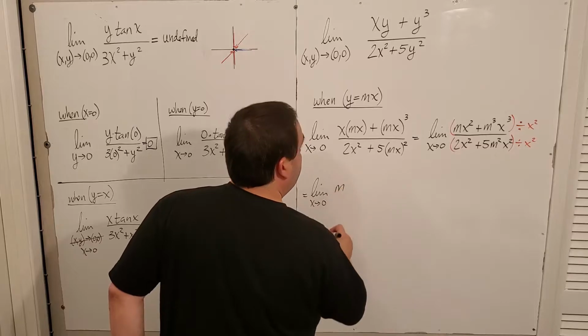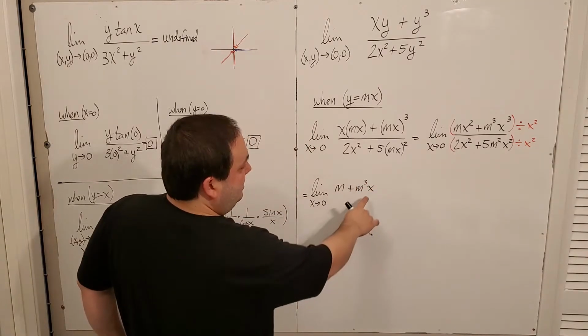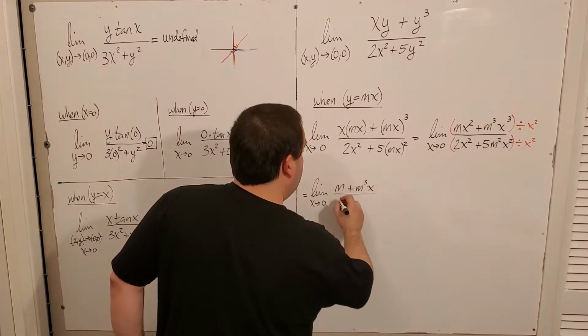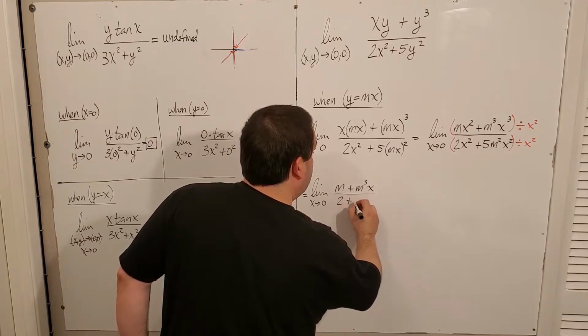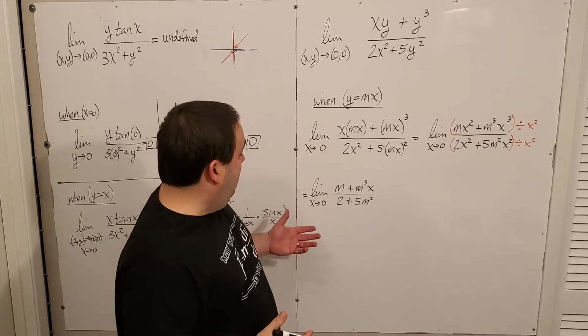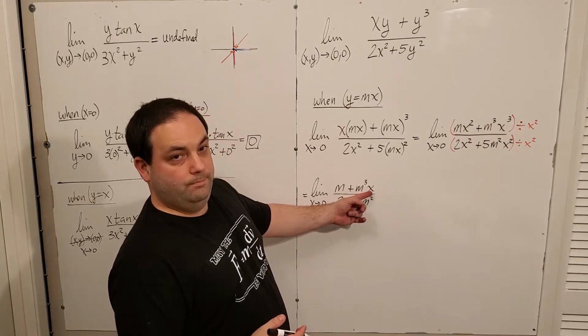I'll have m plus m cubed times x, because that's the only one that had x to the 3, divided by 2 plus 5m squared. And now look, limit laws. I can plug 0 in for x, no problem, right?